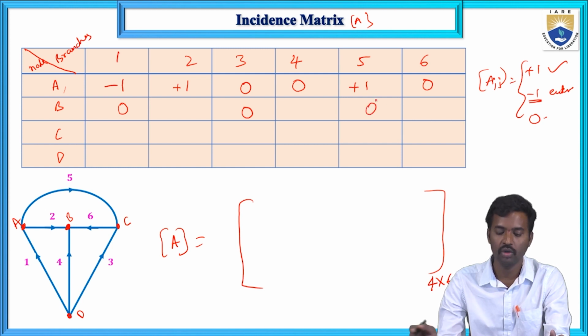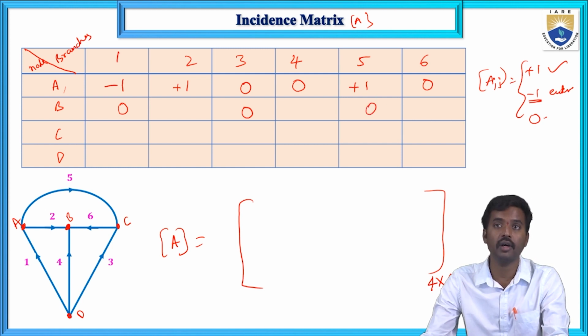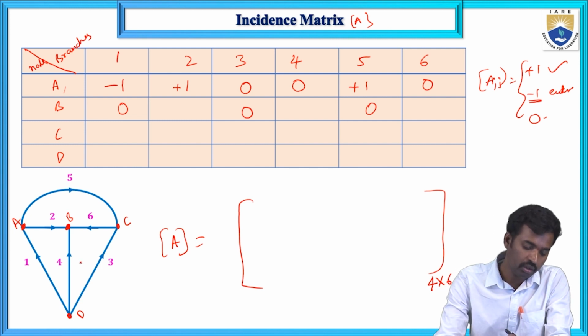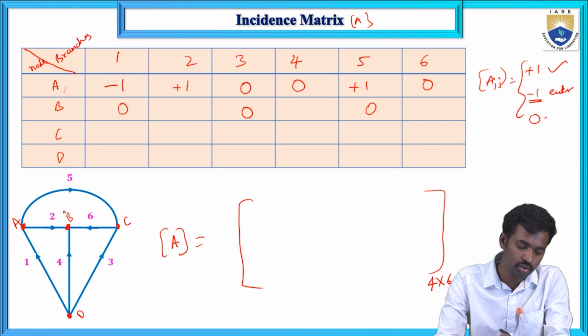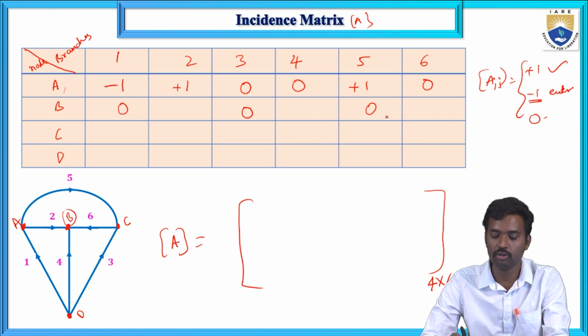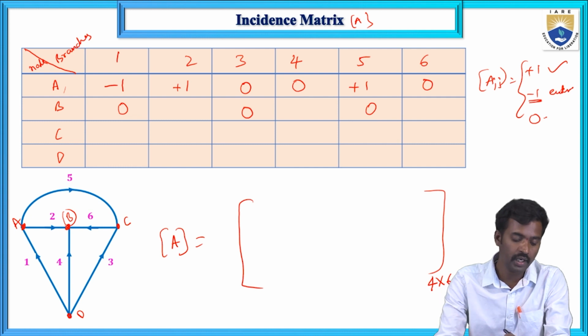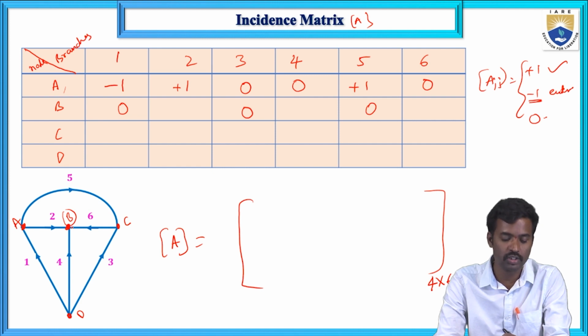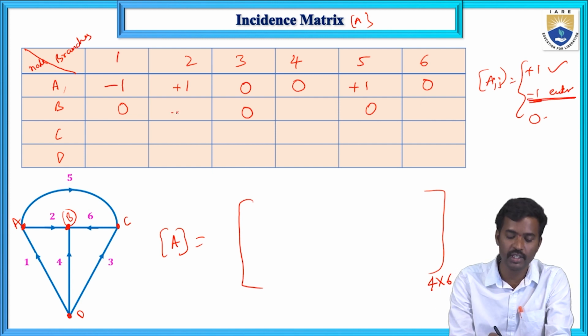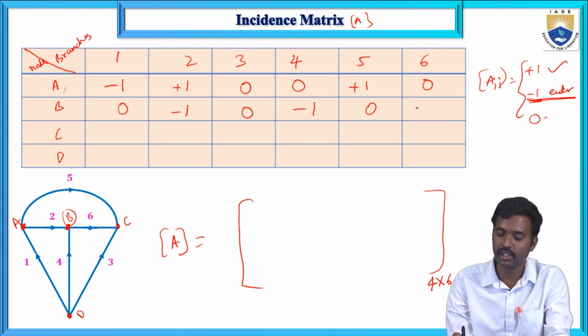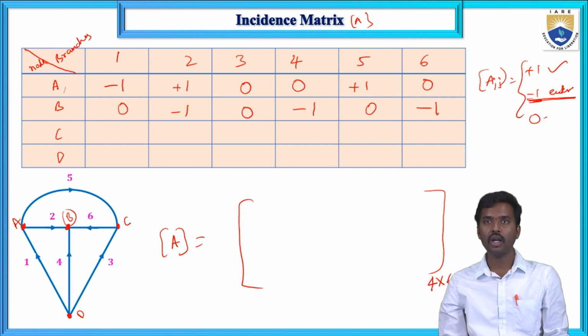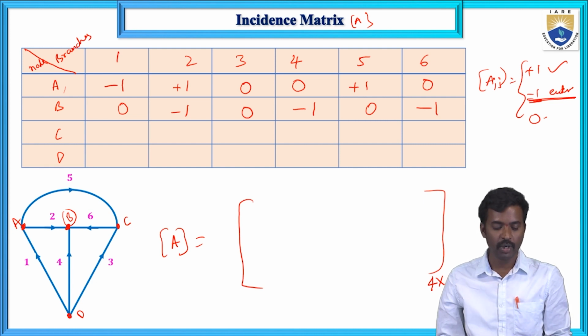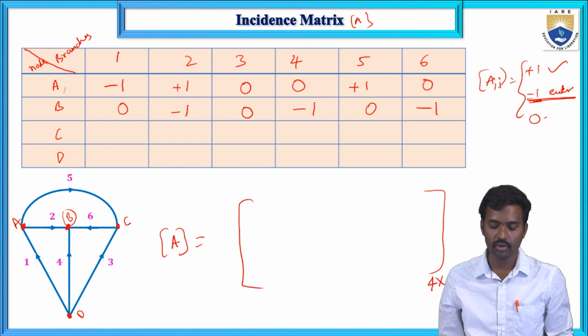Branches 1, 3, 5 are not associated with node B. Branches 2, 4 and 6 are entering towards node B, so entering means that is minus 1. This is minus 1, this is minus 1, and this one is minus 1.